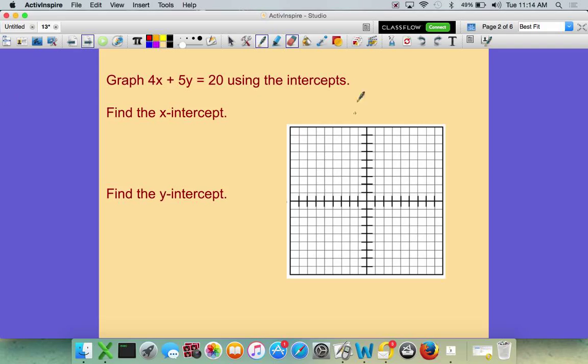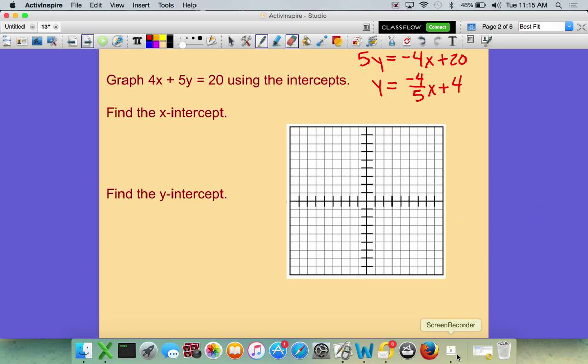All right, so if you wanted to, we could spend all the time here putting this into slope-intercept form. The first thing would be, we've got to subtract the 4x over, and then we've got to divide by 5. So y equals negative 4/5 x plus 4.